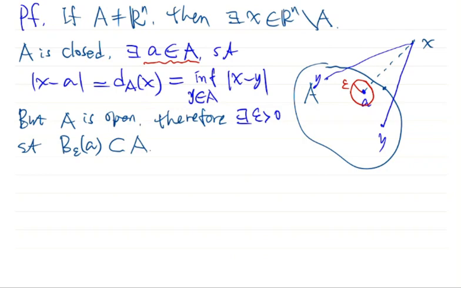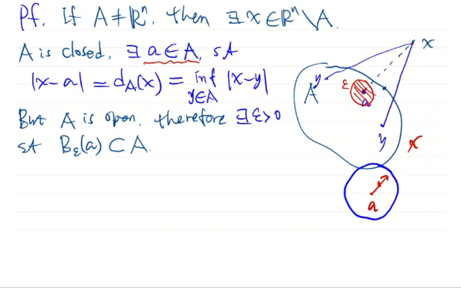Okay. Now intuitively, because this whole neighborhood is contained in the set A, we start from the point a and go a little bit toward the point x. Okay, here is a, toward x a little bit. This point will remain in the epsilon neighborhood of a.